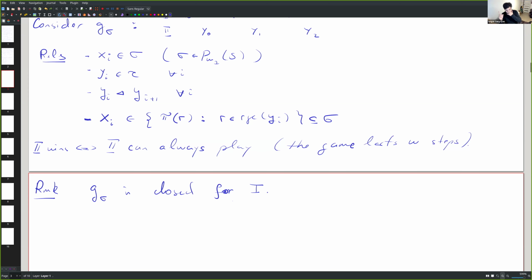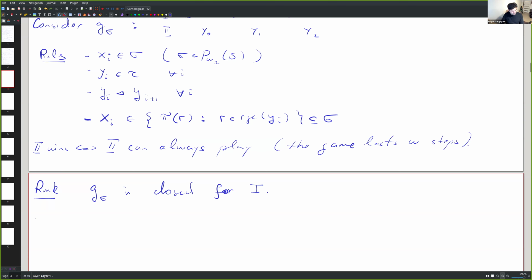Now, we don't have a strategy. It doesn't mean we have a strategy because the space on which we are playing this game is not well ordered. So that means we have multi-value strategy, right? So the game is a closed game. One of the players wins, but not by an actual strategy, but more like a multi-value strategy.